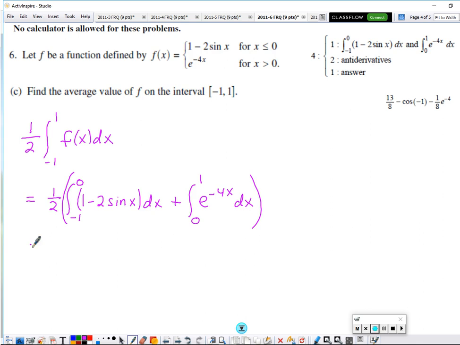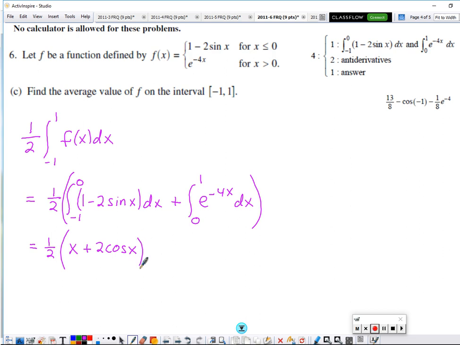So this is going to be 1/2, and I need the antiderivative. The antiderivative of 1 is going to be x. Using Susie's circle, this is going to be, see the negative, so that'd be plus now, 2 cosine of x.